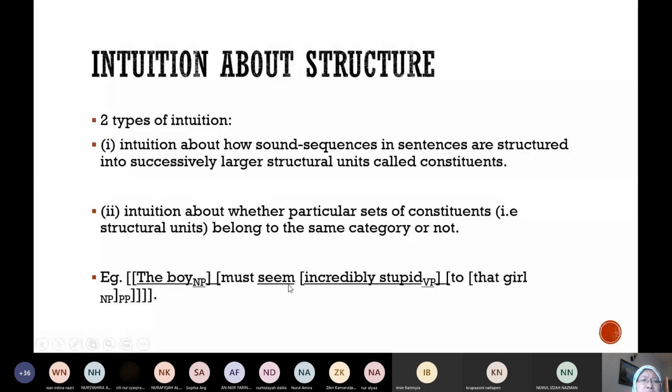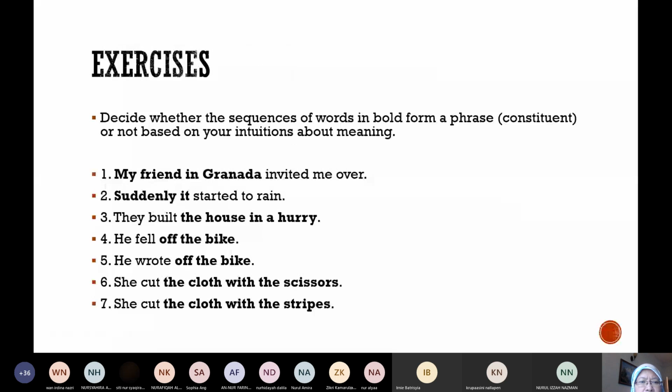Based on your intuition, try and look at this sentence and look at the bolded phrases in the sentence and see if they are a constituent, just by your gut feeling.